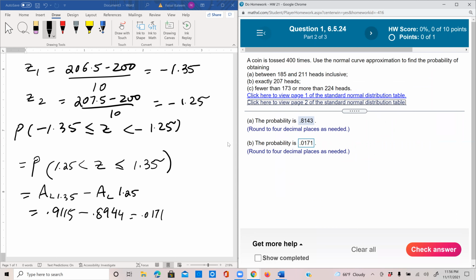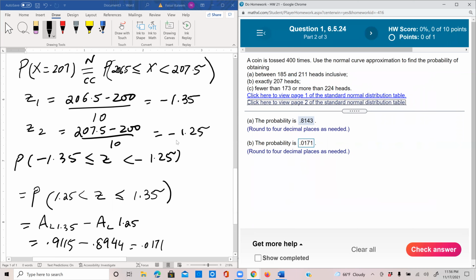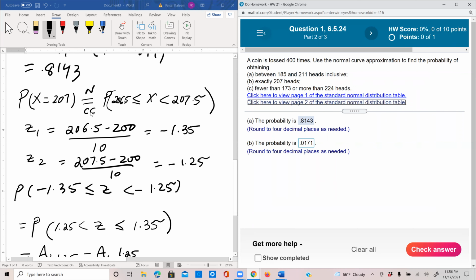Let me see what could be wrong here. Yeah, this rounding is fine. Greater than or equal to 206.5 rounds to 207, and less than 207.5 rounds to 207.